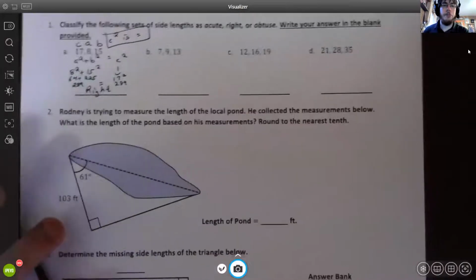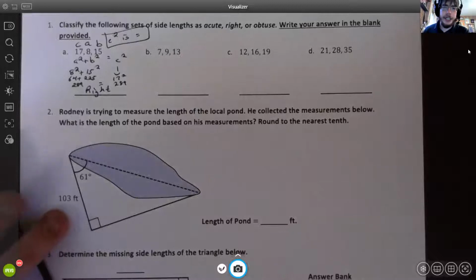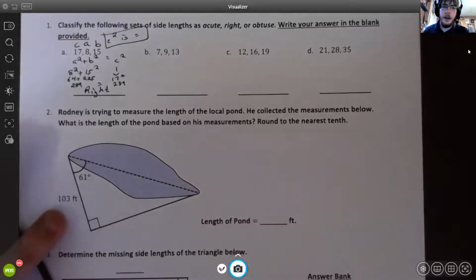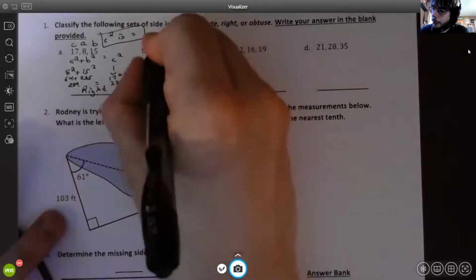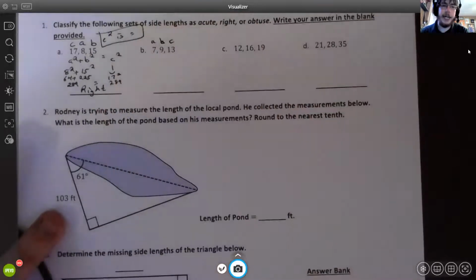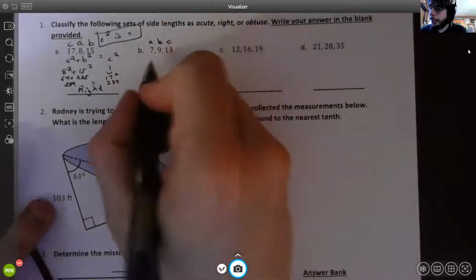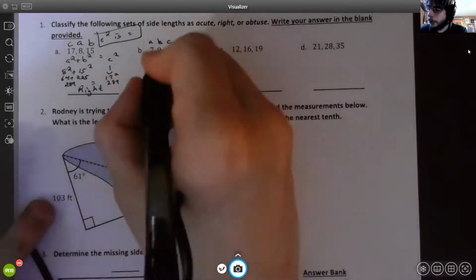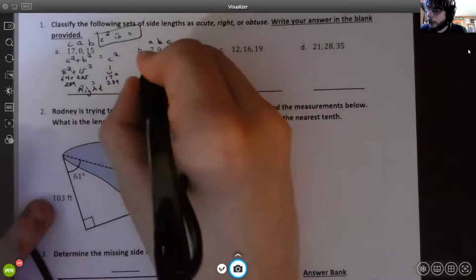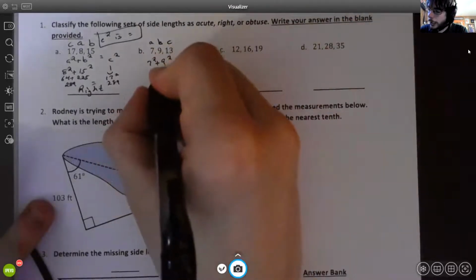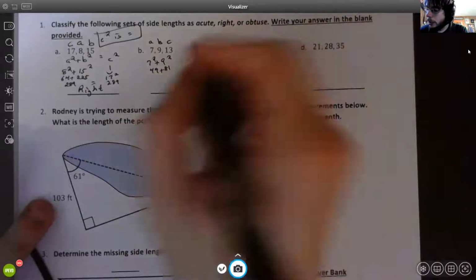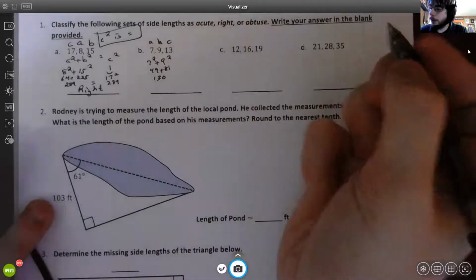All right, B. B is 7, 9, and 13. Our longest side is 13, so that will be C. 7 will be A, and B will be 9. So we do A squared plus B squared and C squared. A squared plus B squared is 7 squared plus 9 squared, which is 49 plus 81, which is 130.